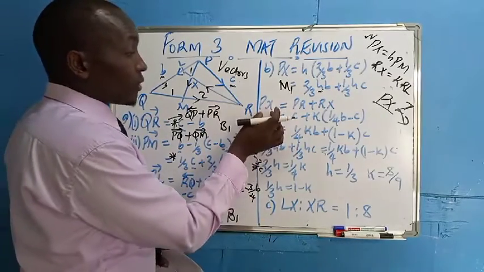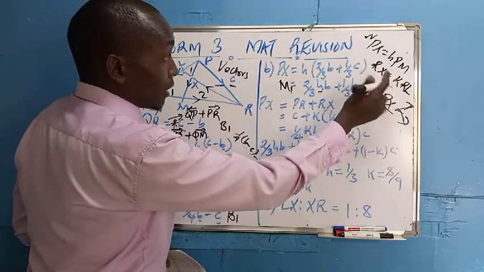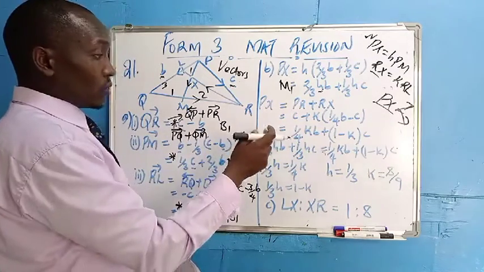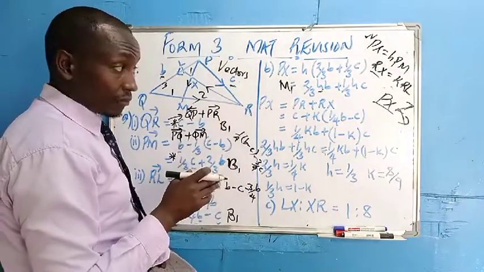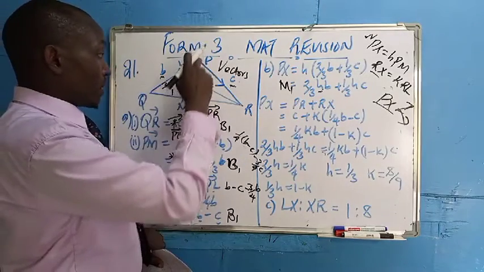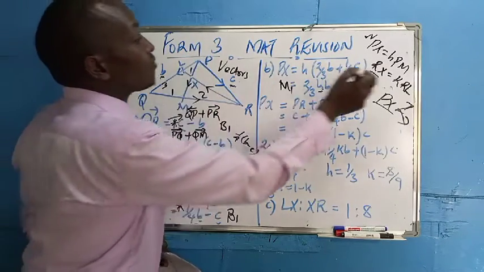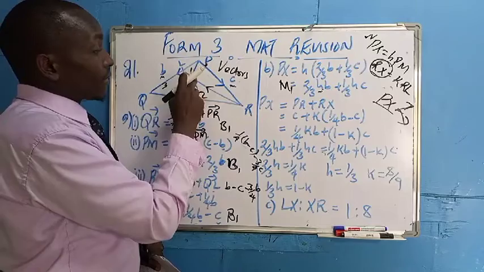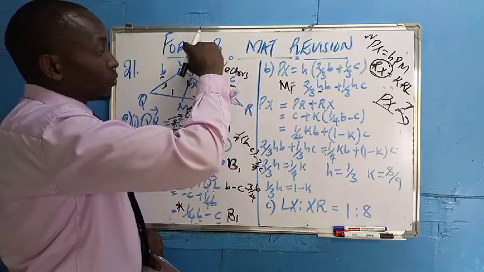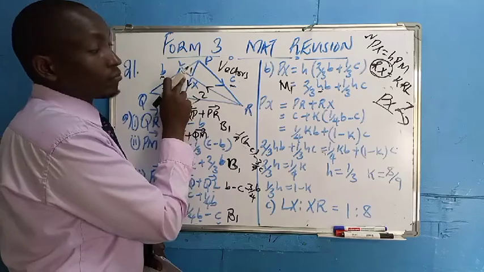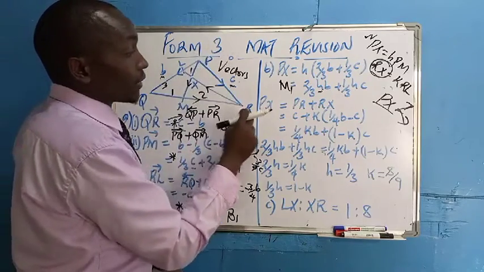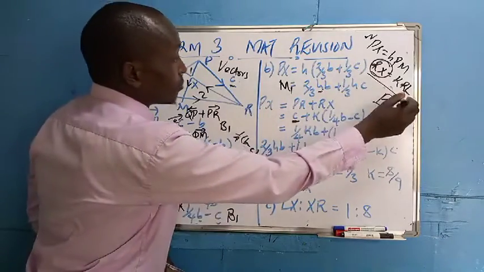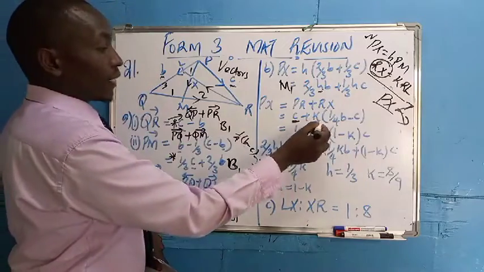Then we go ahead. PX is PR, then RX. Remember RX is K of RL. So we want to represent PX in another format, and in this case I have to use RX. So the best way is to go PR, then RX. How do I do that? PR is C. Then RX, according to the second statement, is K of RL.